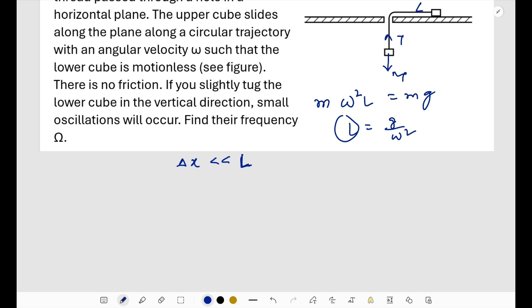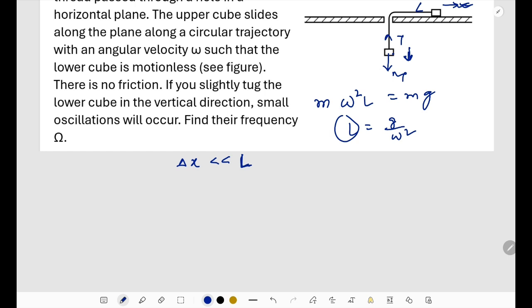What should I take? Should I pull this block in this direction or in that direction? I always did the problem by pulling this block, but no, I'm in the mood to pull this block in this direction.